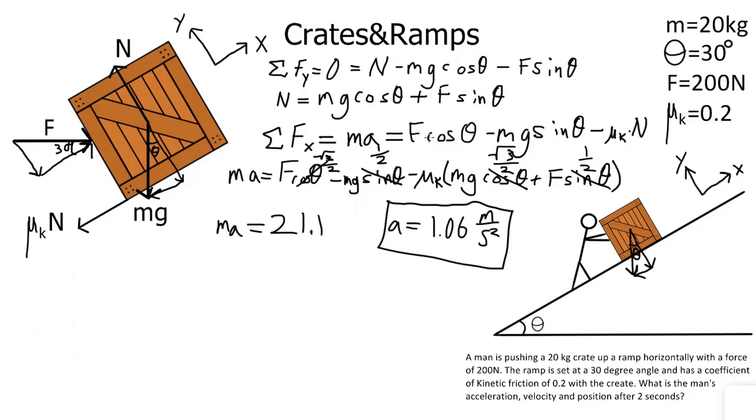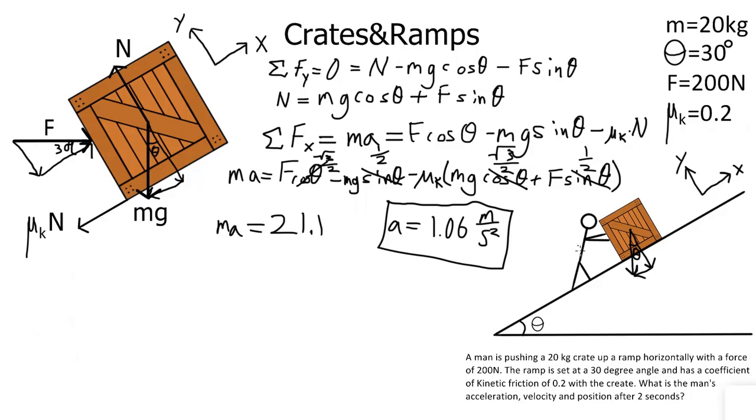If we look at F equal to 200, F is not equal to 200t, it is not a function in the end, and neither are all the other parameters. So if we have all constants being multiplied and subtracted on this side, and we're dividing by a constant, which is the mass, then we're going to get a constant. So it makes sense that the acceleration is 1.06.